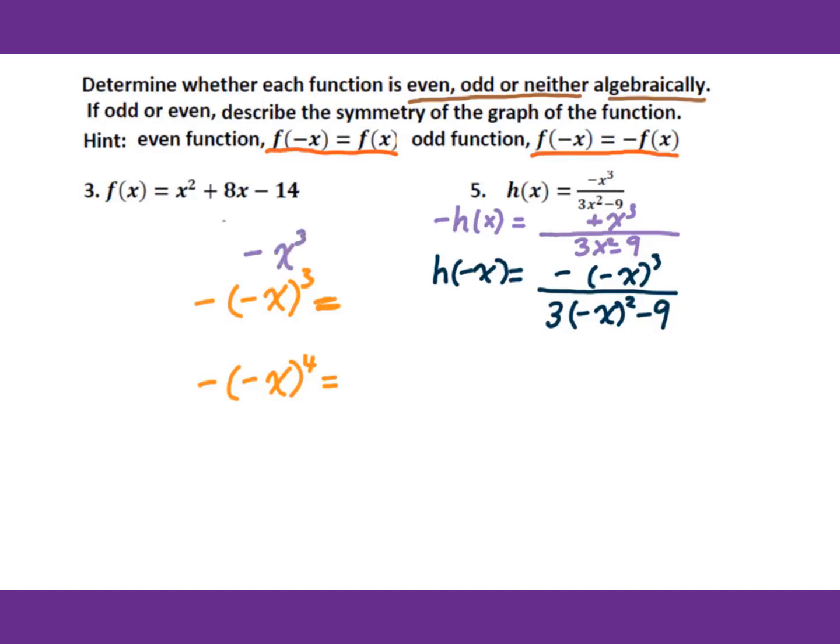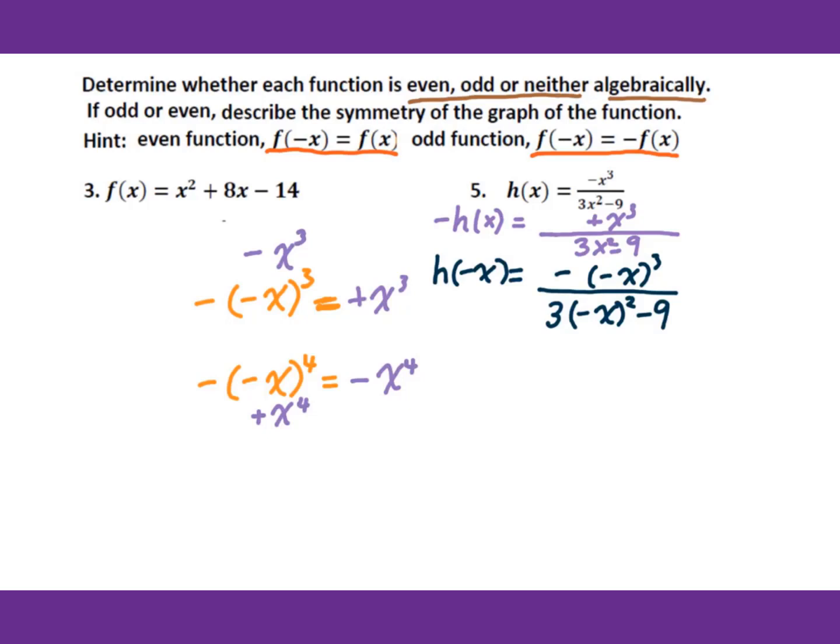So you get a negative, which is a positive x to the third power. For this one, we have a negative sign to the fourth power, that's positive, and x to the fourth power is x to the fourth power. So negative times a positive is a negative x to the fourth power.